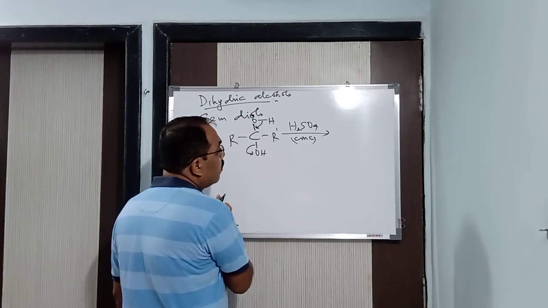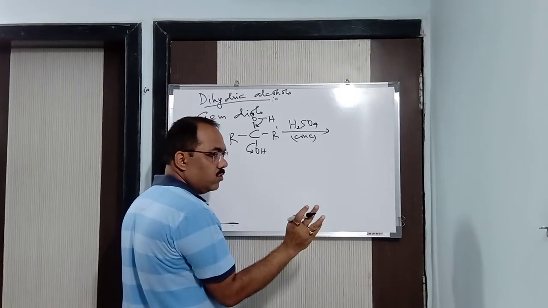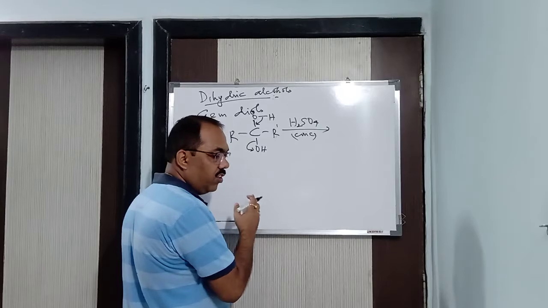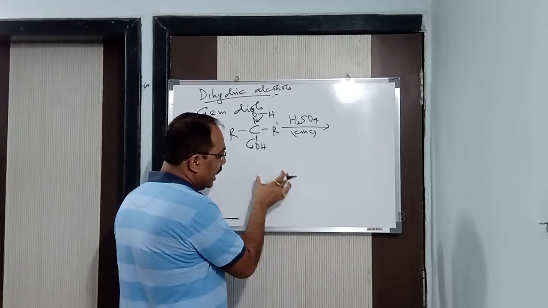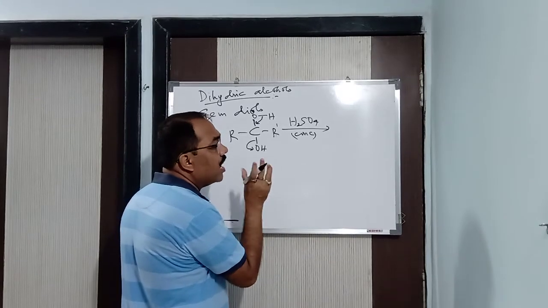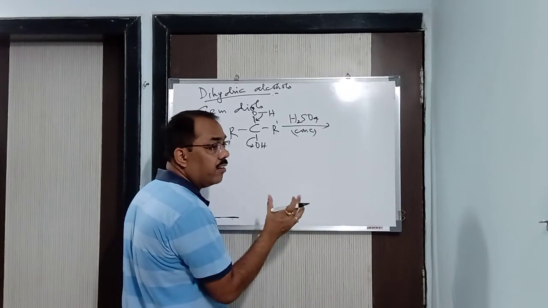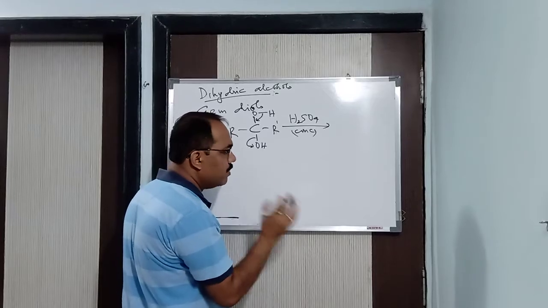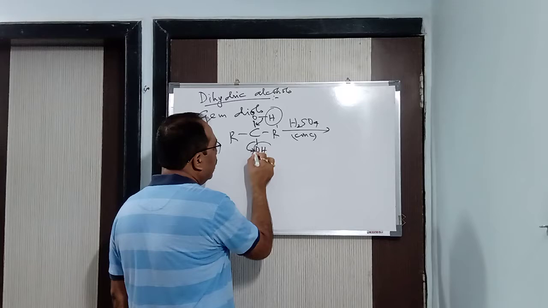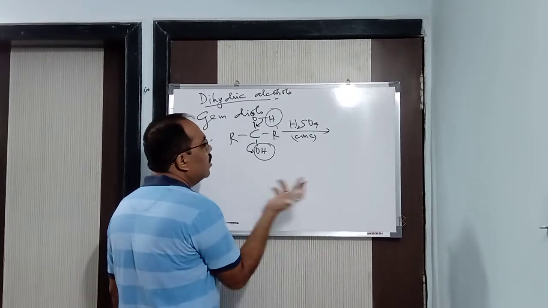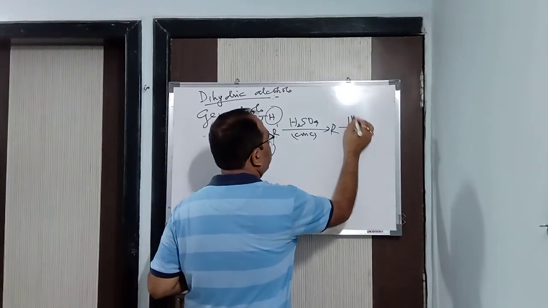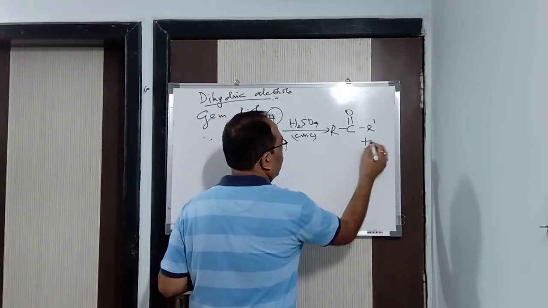I have told you earlier also, you have read it in the alcohol phenol chapter, that if a given compound on the carbon atom contains more than one OH group, then it is unstable. Unstable due to steric hindrance, due to steric repulsion. So how does it become stable? By releasing water. See, from here H plus and here OH minus. H plus and OH minus form water, and the remaining, what do you get? R, C, double bond O, and R dash, plus water.